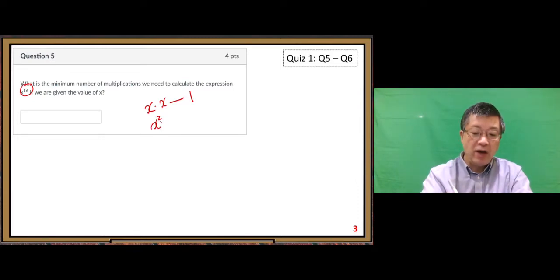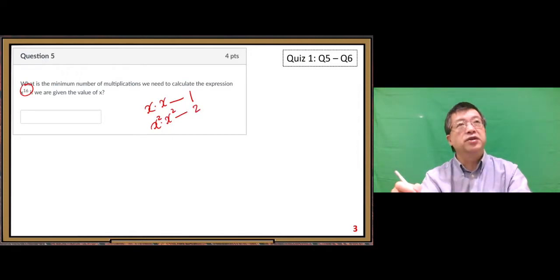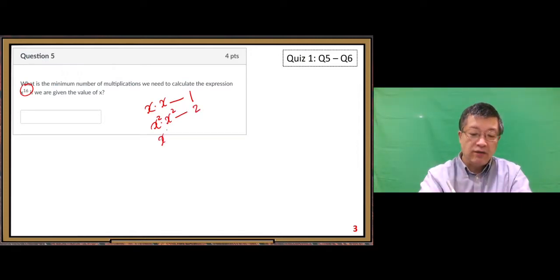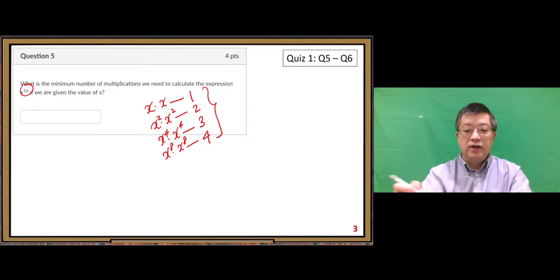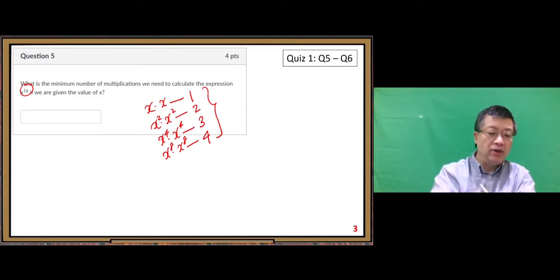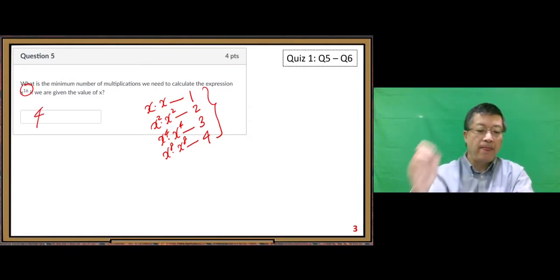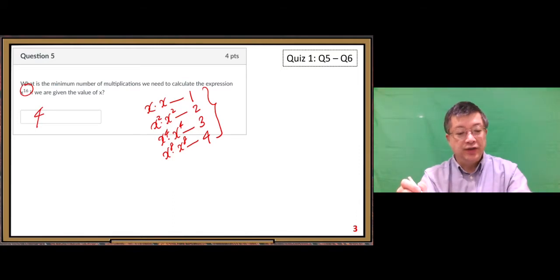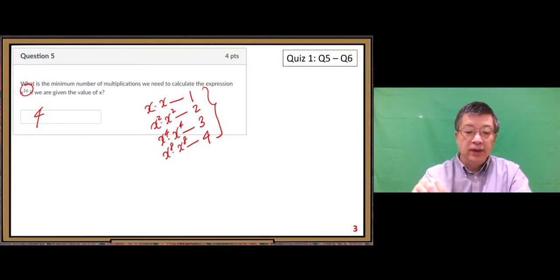With repeated squaring, every time you do another squaring, it is another multiplication. x to the fourth, x to the eighth, and so on. That's the total number of multiplications you need. This is the repeated squaring.